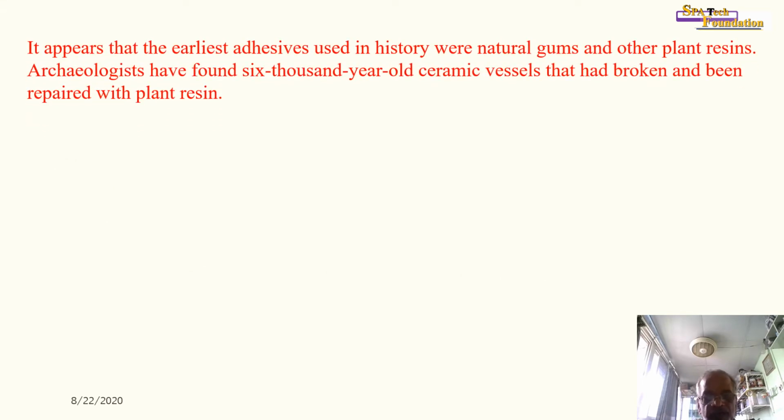It appears that the earliest adhesives used in history were natural gums and other plant resins. Archaeologists have found 6,000-year-old ceramic vessels that had broken and been repaired with plant resin.